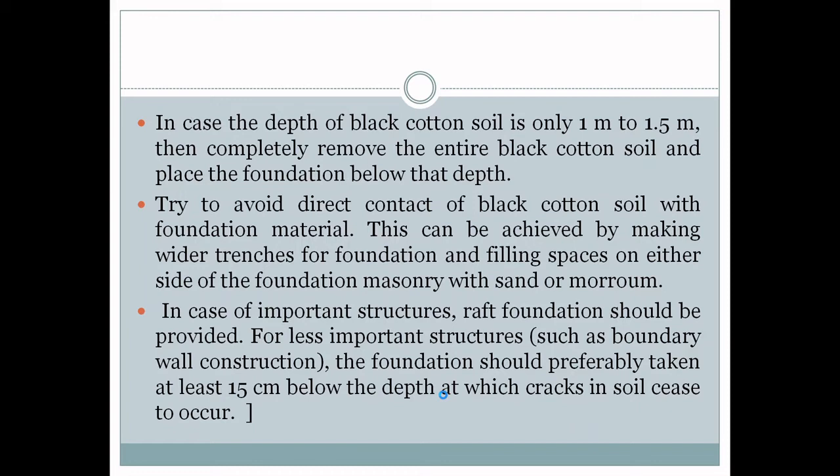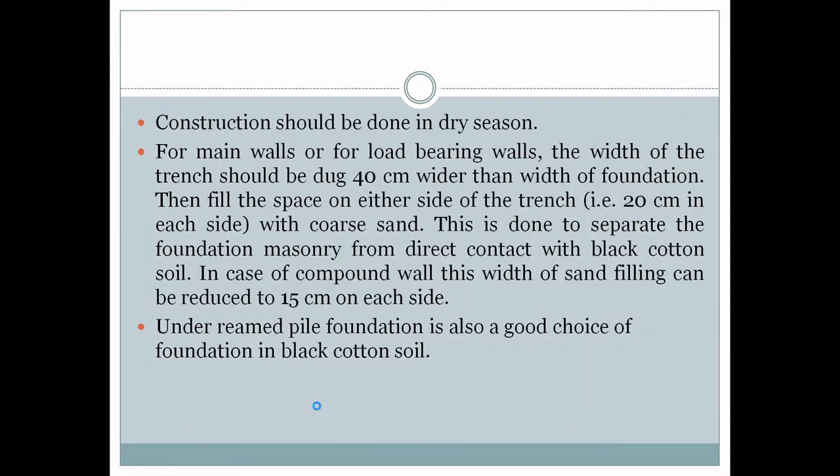In case of important structure, raft foundation should be provided. For less important structure, the foundation should preferably be taken at least 15 centimeter below the depth. Or construction may be done in dry season, and under-reamed pile foundation is also a good choice for foundation in black cotton soil.